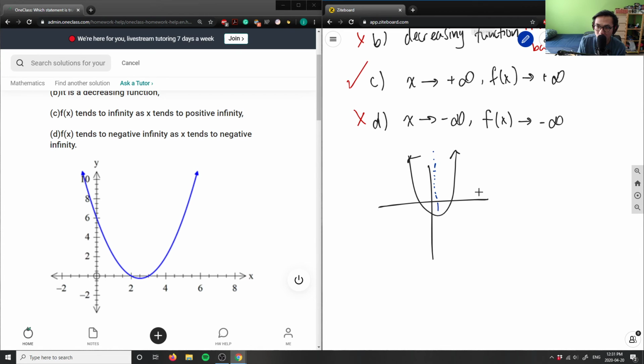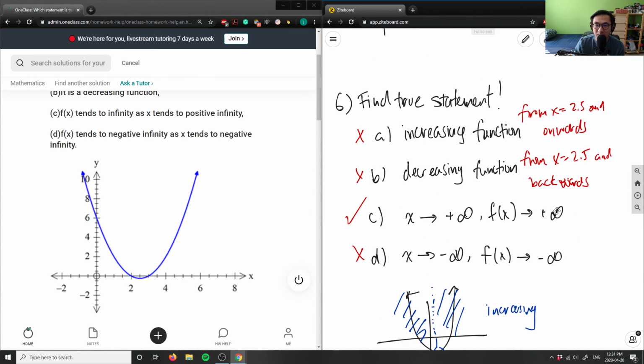So if the vertex is like here, for example, this side here is increasing and then this side here is decreasing. So the function is both increasing and decreasing up until this vertex here. So in this case, these two statements would still be true, but this is more true. If that makes any sense at all. That's how you would answer these types of questions here.